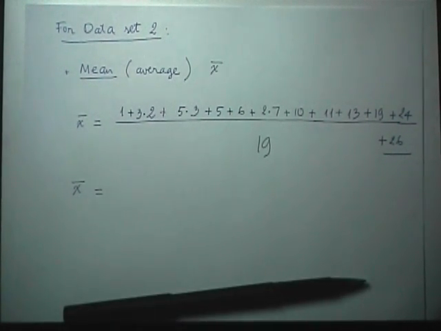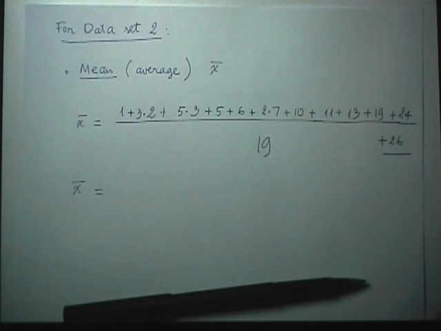According to my calculations, I apologize that I didn't get a number ahead of time, but it's going to be: 5 times 3 plus 5 plus 6 plus 2 times 7 plus 10 plus 11 plus 13 plus 19 plus 24 plus 26.